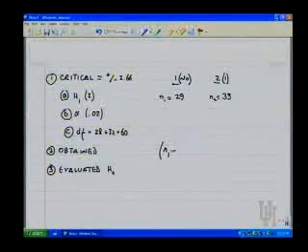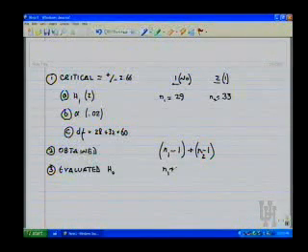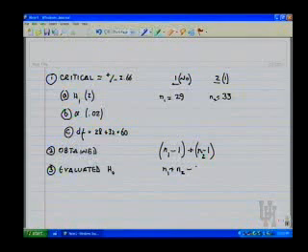You simply need now to know the degrees of freedom, which is given by N1 minus 1 plus N2 minus 1, which equals N1 plus N2 minus 2.